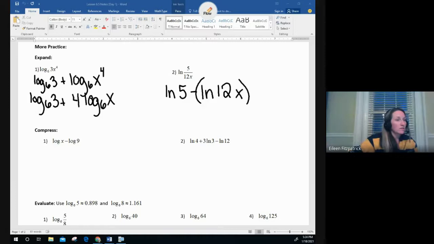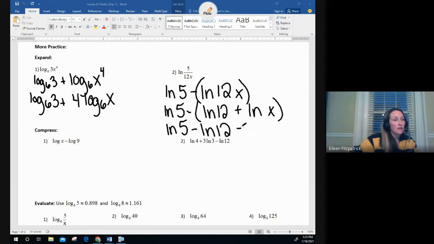You will have to distribute that negative in. If this was an addition sign, I wouldn't worry. Or if there was nothing else to break apart, I wouldn't worry either about parentheses. So I have ln 5 minus ln 12 plus ln x, because multiplication pairs with addition. Now distribute that negative. So ln 5 minus ln 12 minus ln x.